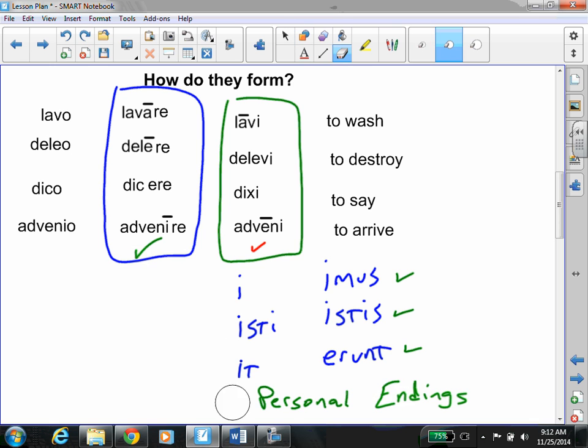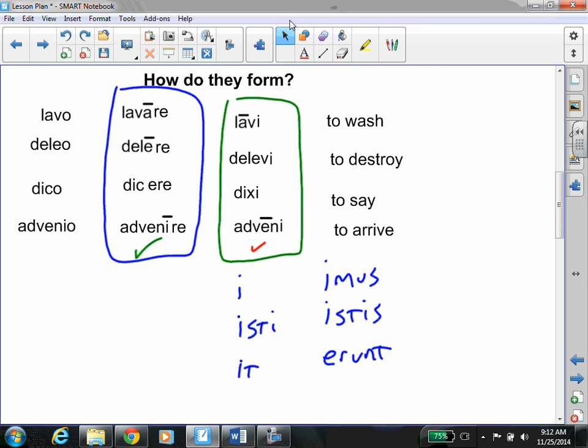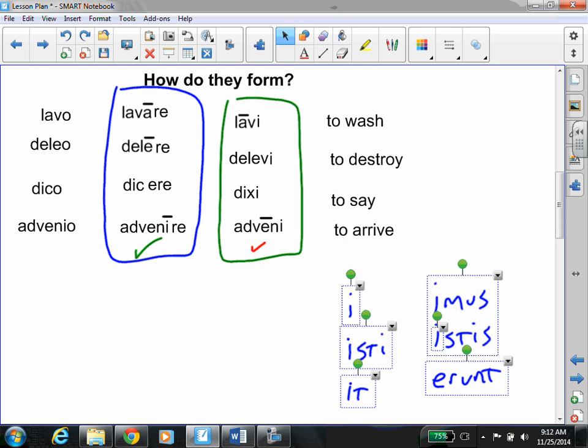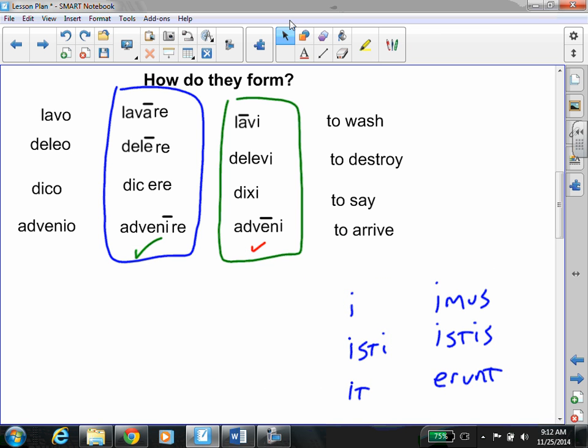Now with these endings, we can create a conjugation for the perfect tense. I'm going to keep these over here if you don't mind. I start with the perfect stem, which in this case is lavi. So that's our third principal part, our perfect stem. If I take the i off, this is my true perfect stem.